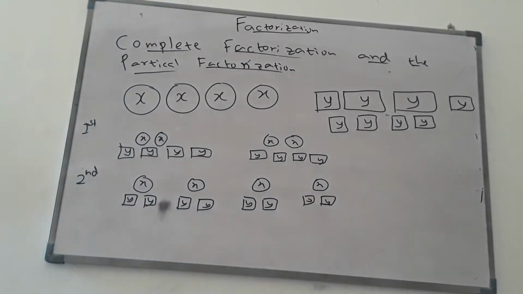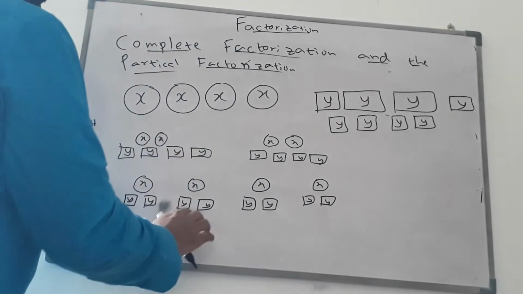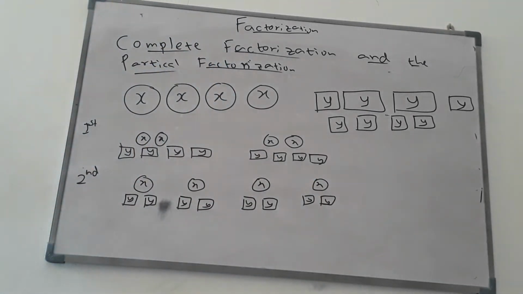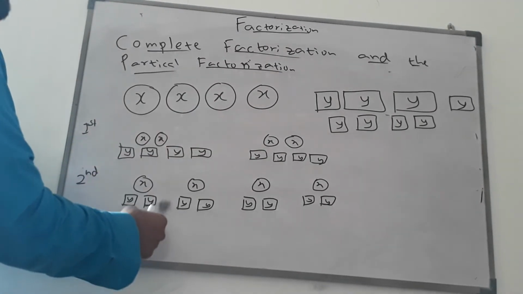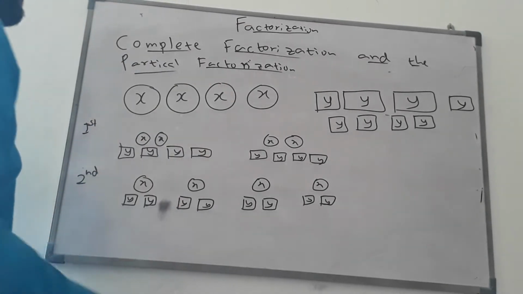So what I want to say is, if we can divide these two types into the highest number of groups, that is the most accurate way of factorization. Most accurate way of grouping.